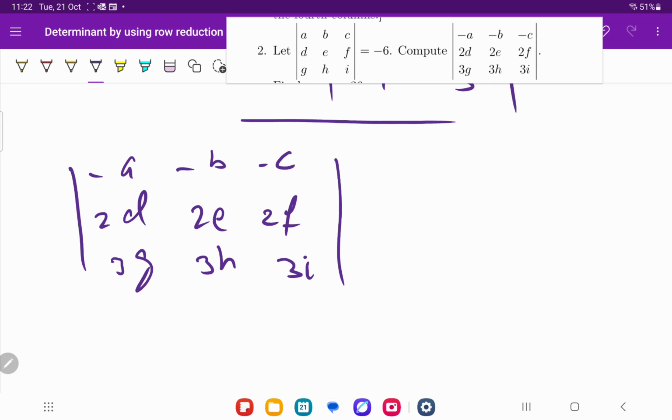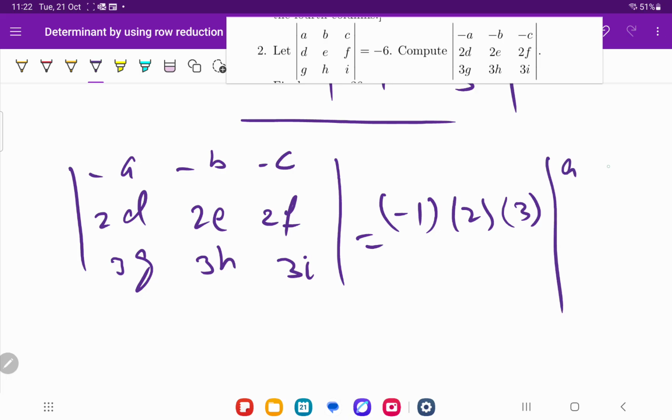From this matrix, what could be taken out from the first row? -1. Very good. And what could be taken out from the second row? And what could be taken out from the third row? 3. So by taking out all, we will have A, B, C, D, E, F, G, H, I. That is what is remaining.